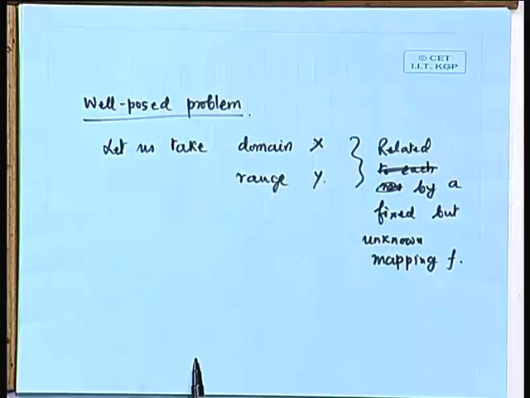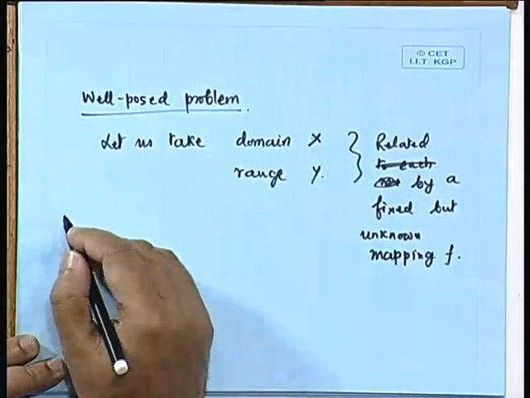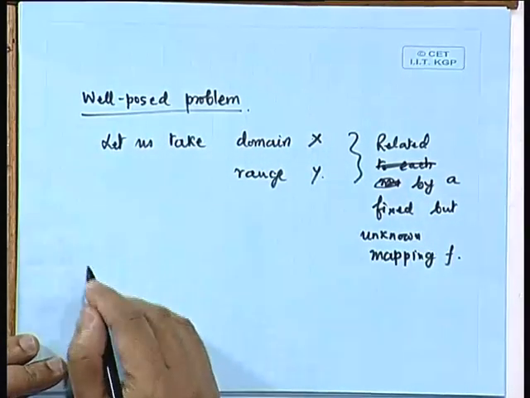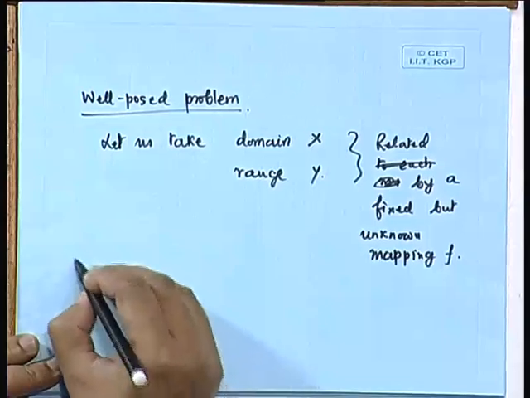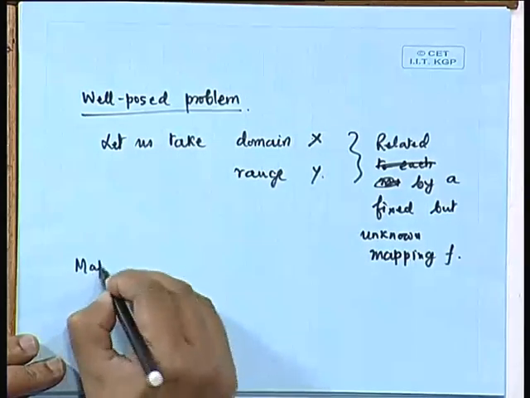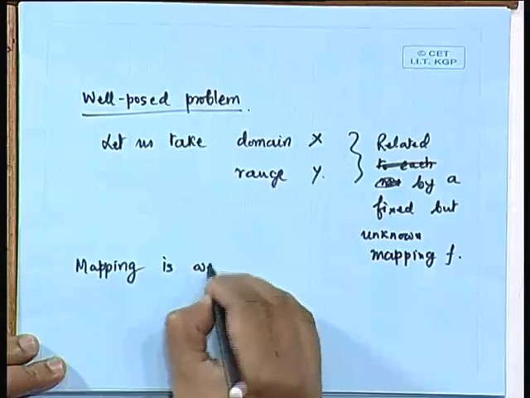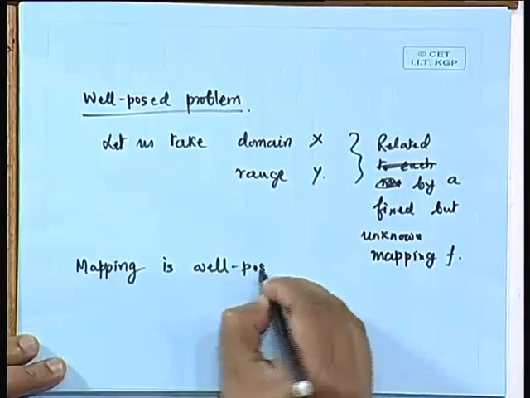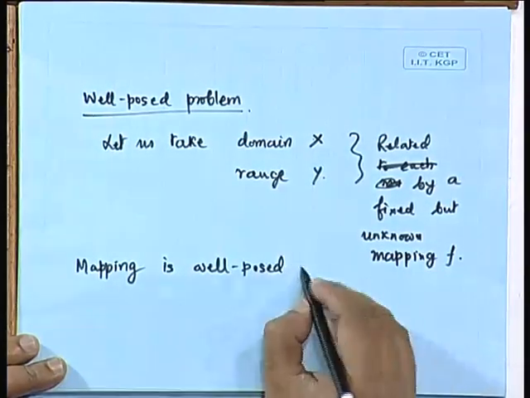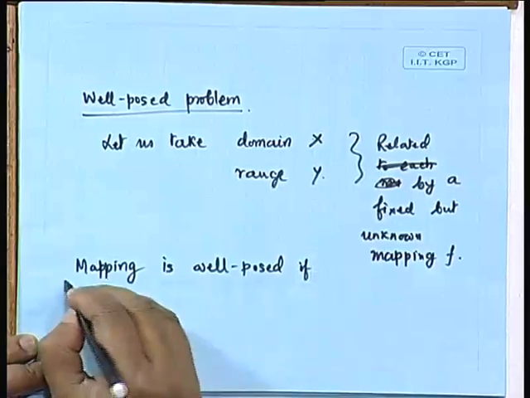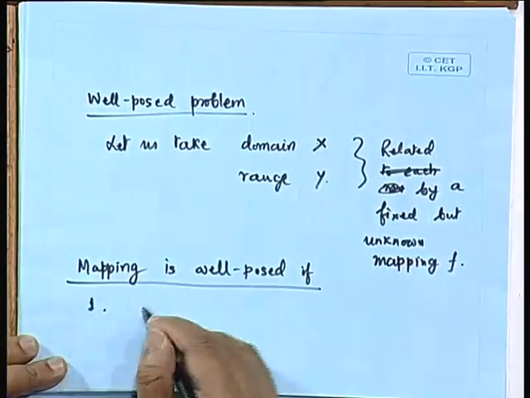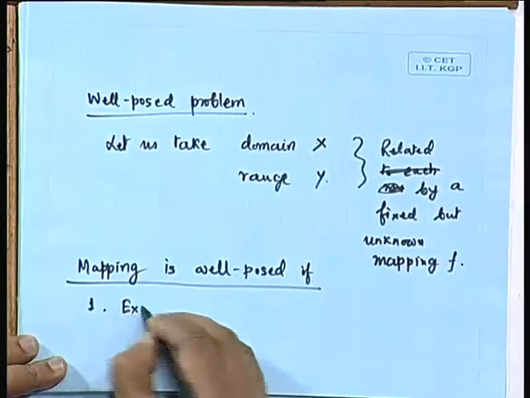Okay. Now, having defined that it is just a mapping from the domain to the range using a mapping function, when are we going to say that this mapping is a well posed problem? The mapping is said to be well posed if three conditions are fulfilled. And what are those conditions? Number one is existence.